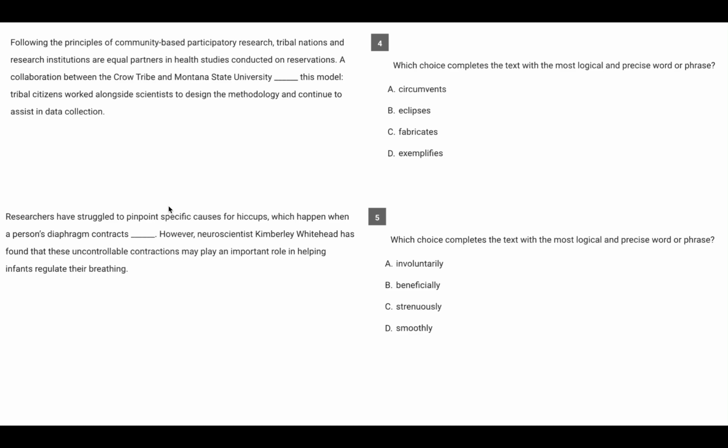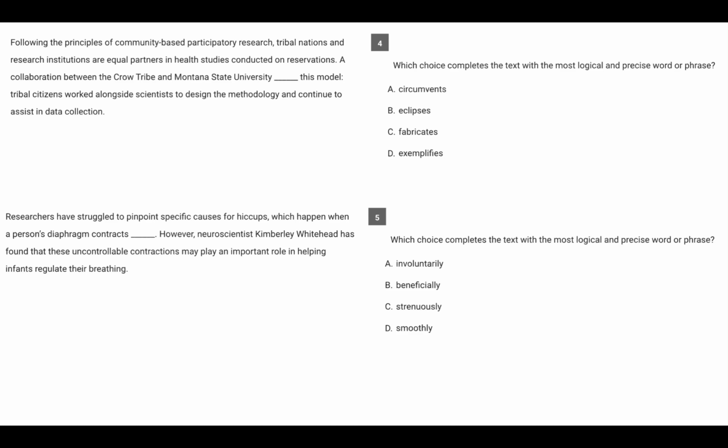Question 5. Researchers have struggled to pinpoint specific causes for hiccups. So they cannot pinpoint specific causes for hiccups, which happen when a person's diaphragm contracts blank. So it contracts in some way. So contracts energetically or periodically, I don't know. But to find that, we have to read the next part. However, neuroscientist Kimberly Whitehead has found that these uncontrollable contractions.